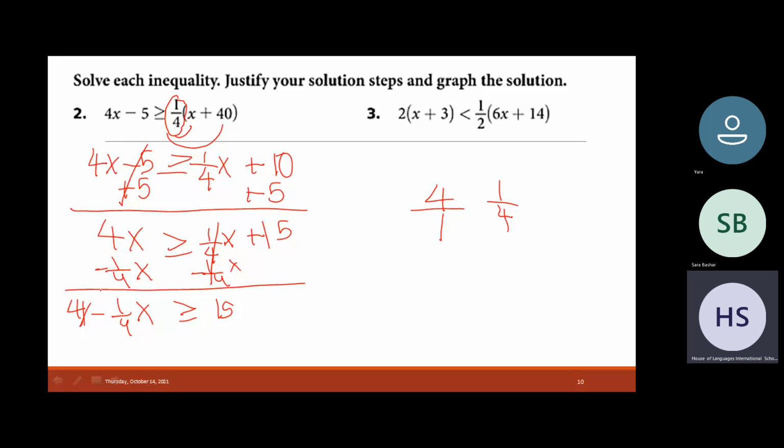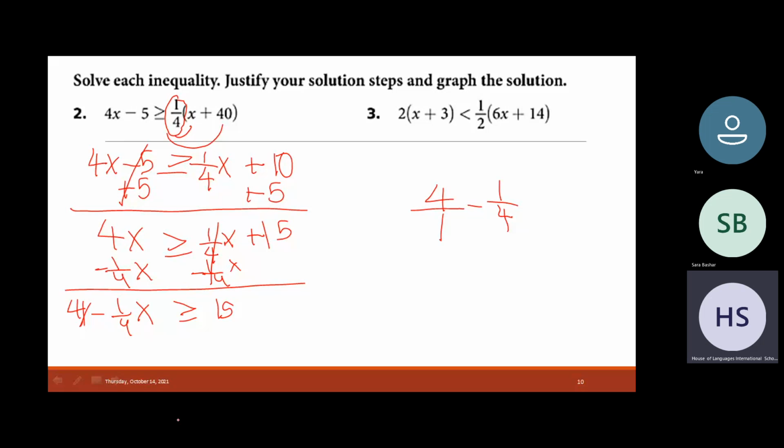Now here, I want to subtract 1 over 4 from 4. In order to start subtracting, I must make this 4 a fraction. To make it a fraction, write it over 1. Why over 1? Because 4 over 1 is the same as 4, but 4 over 2 is not 4.